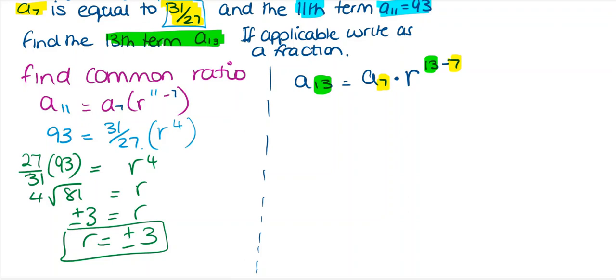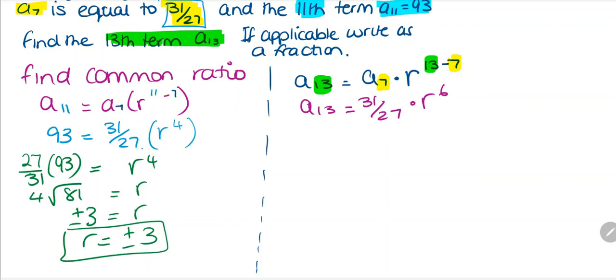So if we substitute in what we know, A13 is, the value for A7 is 31 over 27, multiplied by r to the 13 minus 7, which is 6.